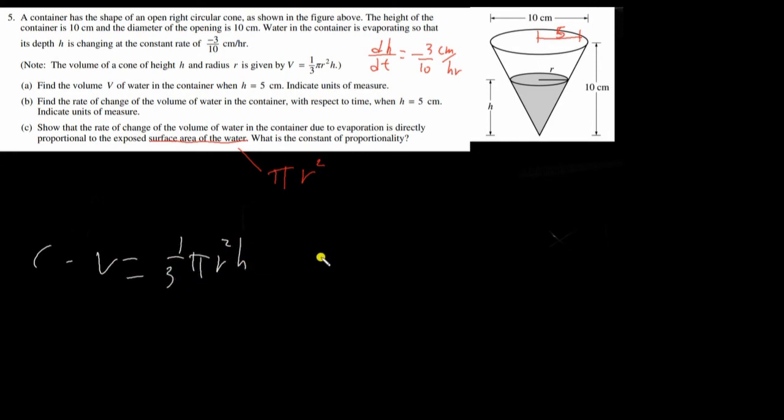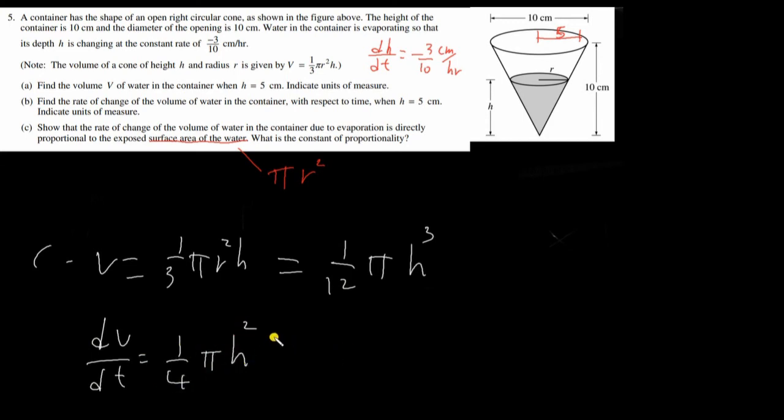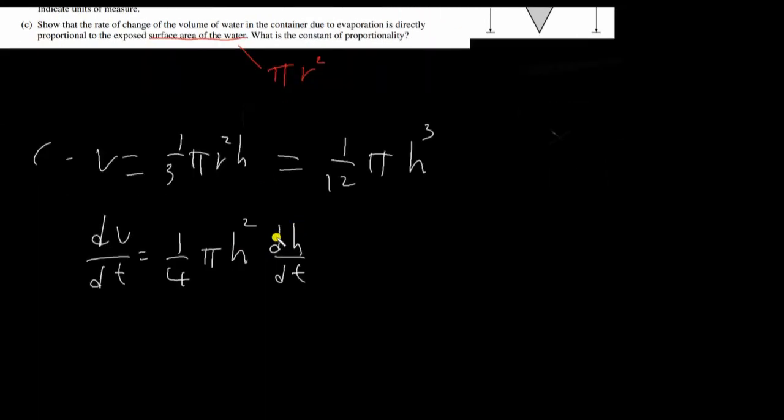Since r is h over 2, this is equal to 1/12 pi h cubed. Therefore, dV/dt is 1/4 pi h squared dh/dt. And then since this is always -3/10, this is equal to -3/40 pi h squared.